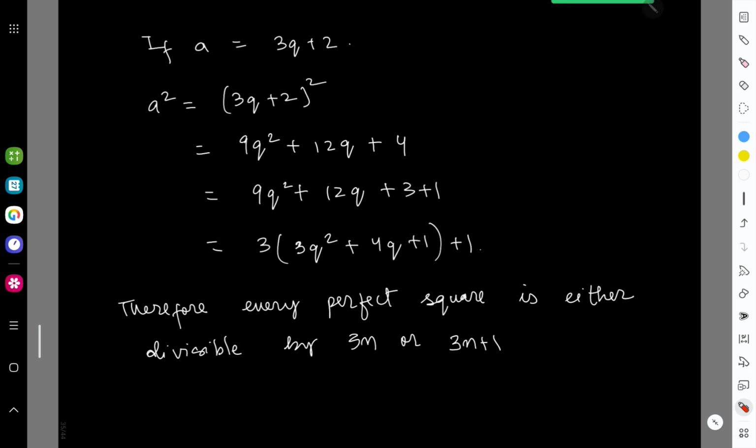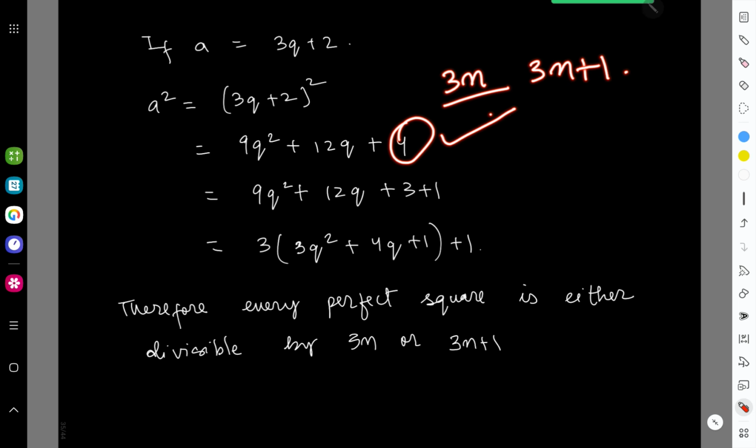Moving on to case number 3, that is when the remainder is 2, that is 3q plus 2. A square is equal to this. When we expand we will get the expression 9q square plus 12q plus 4. Now this 4 is a bit problematic because we cannot take 3 common out of 4, and in the question we have to express the square of the number either in the form of 3n or in the form of 3n plus 1.